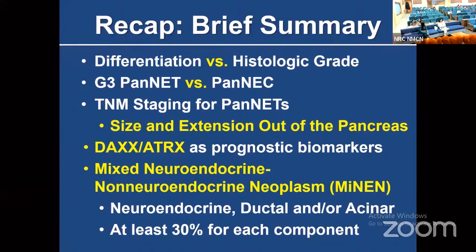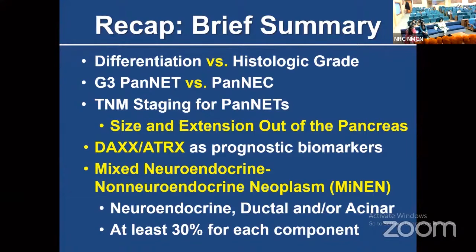And finally, I haven't mentioned this entity just yet, but it should be no surprise to anyone that mixed neoplasms do occur in the pancreas, and mixed neoplasms are now called by the WHO mixed neuroendocrine non-neuroendocrine neoplasms, which is really, unfortunately, a horrible name in my personal opinion, but it's defined as at least 30% of either component. The non-neuroendocrine component could be either ductal or acinar.